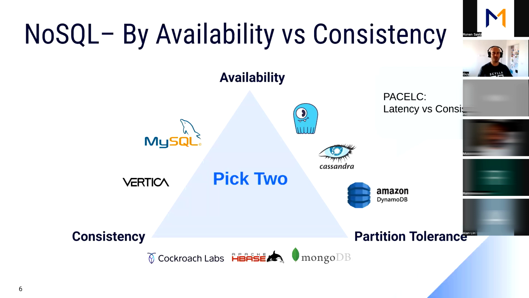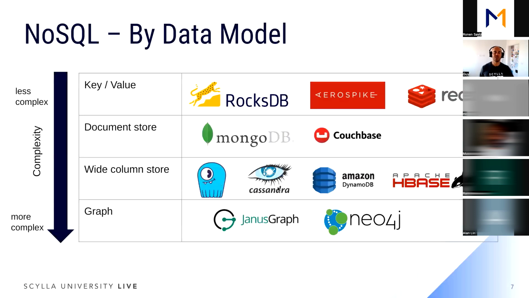My focus in this talk will be on wide column store databases. However, many of the things that I will talk about will be relevant for other types of databases as well. And as an example, I will be using ScyllaDB as the database that I will talk about. Probably all of the concepts that I'm going to talk about when I talk about architecture, data modeling, and other concepts are relevant for Apache Cassandra, which is a very well-known, highly used database, as well as for Amazon DynamoDB.